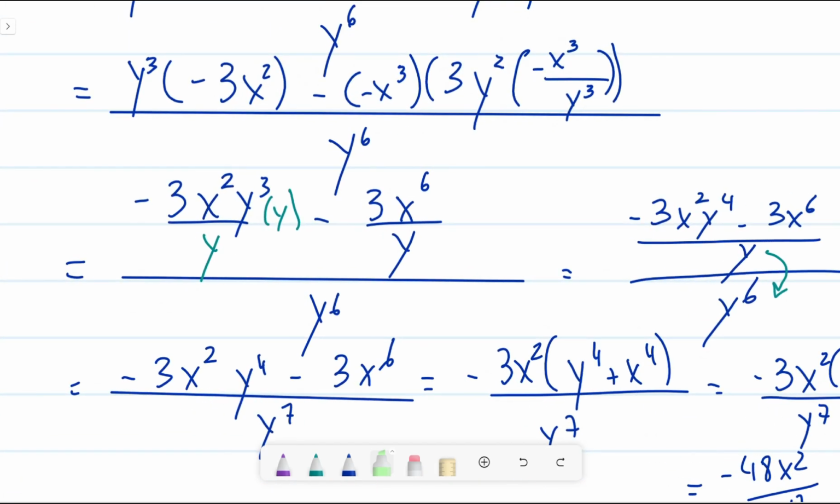So now let's simplify a bit more. This leaves us with, at the start of the numerator, negative 3x squared times y cubed. Here we have a minus times a minus becomes a plus, times a minus becomes negative. So minus 3, x to the power of 3 times x to the power of 3 is x to the power of 6, and y squared divided by y cubed is y.